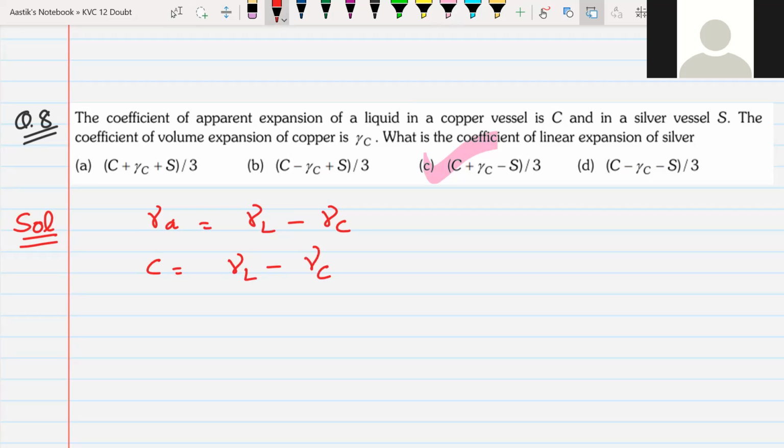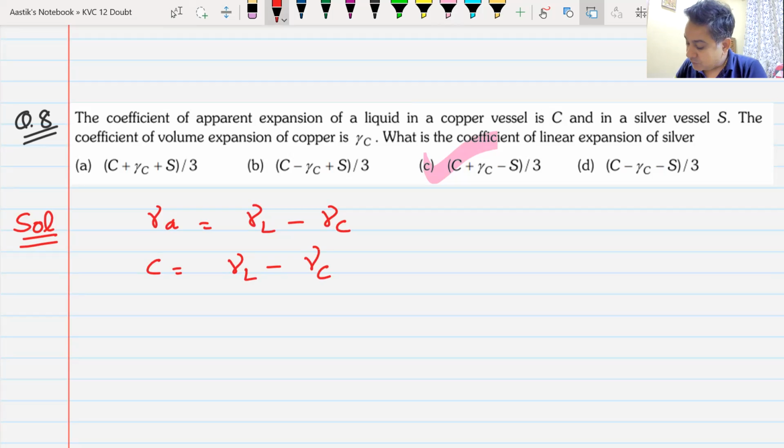Yes or no? Then in the silver vessel, is the whiteboard visible to you? Yes, visible. Okay. For S, it will be equal to gamma of liquid minus 3 times alpha of silver. Yes or no?